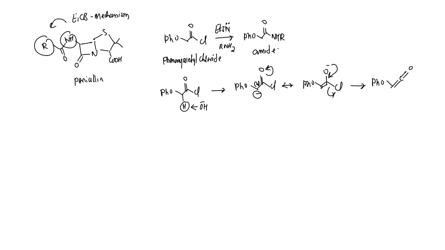And we get a species like this, which is known as a ketene. And this ketene is an important intermediate during the course of conversion of phenoxyacetyl chloride to an amide. This ketene is electrophilic in character, and it reacts with an amine in a nucleophilic attack.